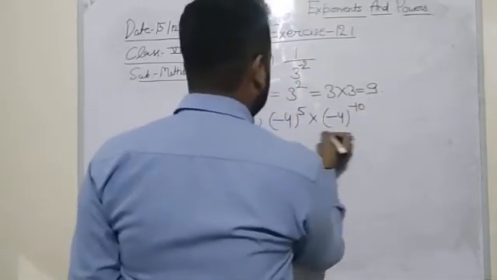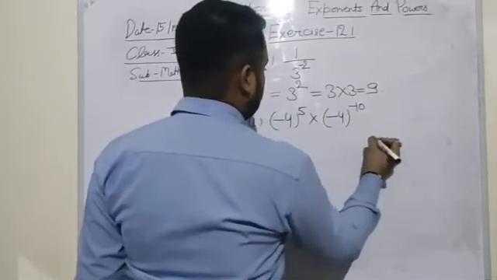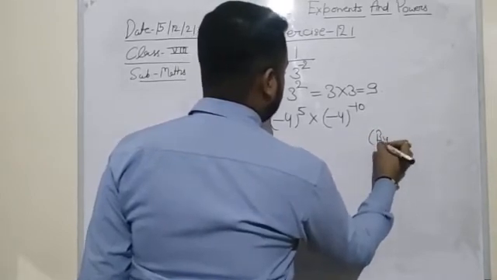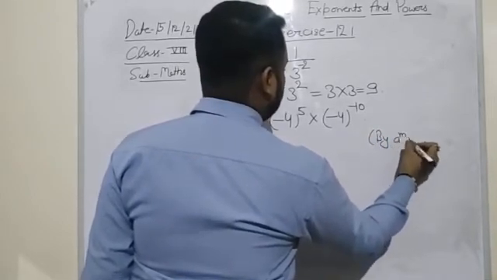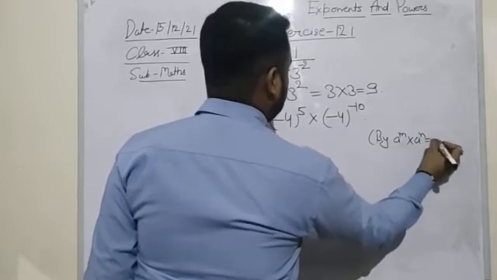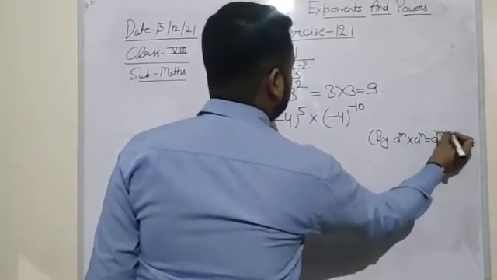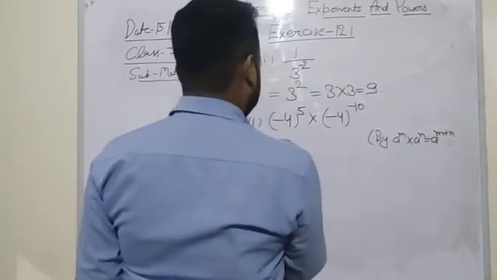So here we use the law a to the power m into a to the power n is a to the power m plus n.